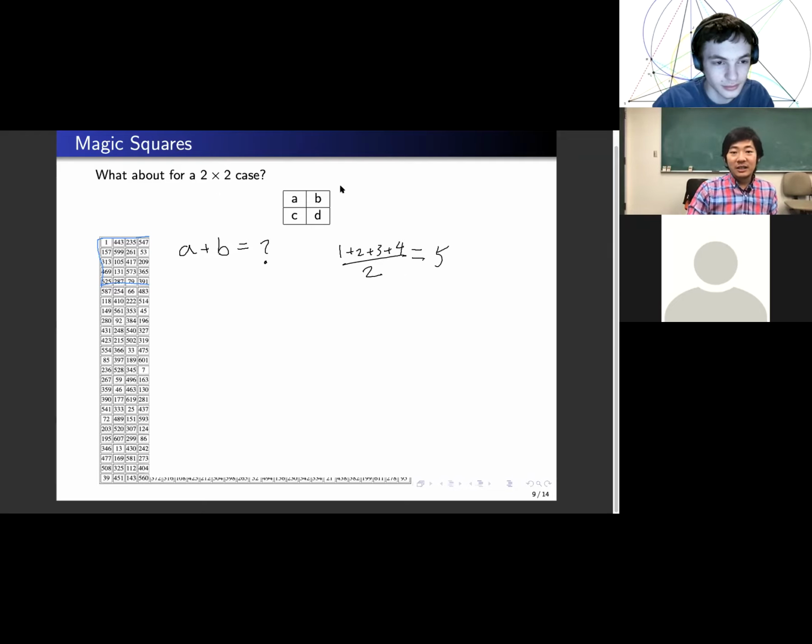So we would want to make sure that a plus b is 5. We'd also want c plus d to be 5. Yeah, let me write it like this.